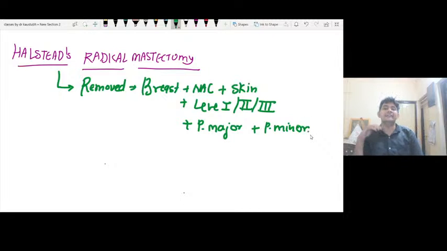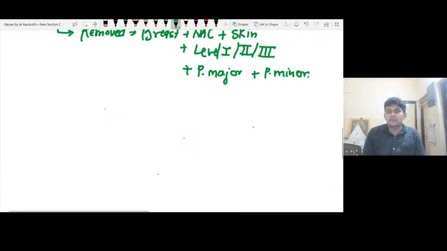So all the related anatomical structures in that area will be removed. That is breast, nipple areola complex, skin, level 1, 2 and 3, along with pectoralis major and minor, right? Then you have the next type, which is called extended radical.